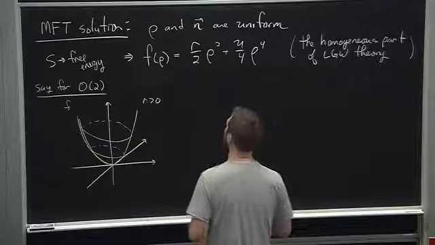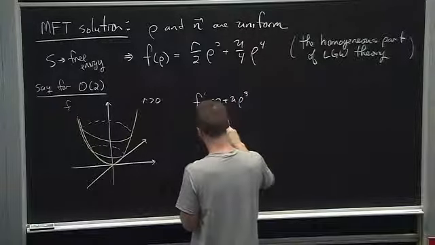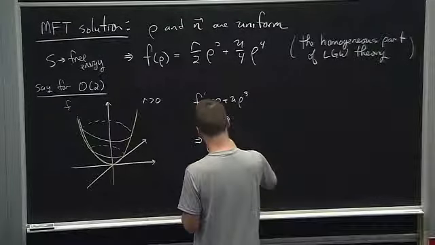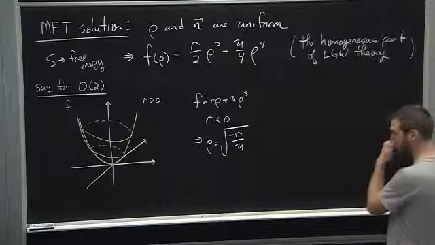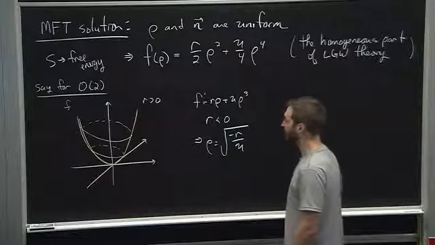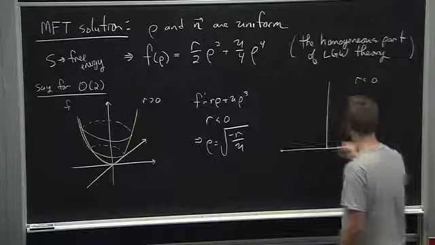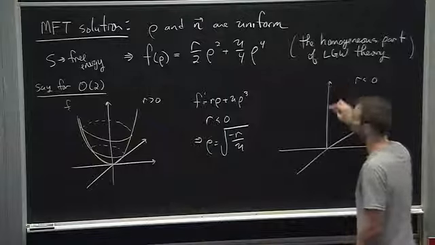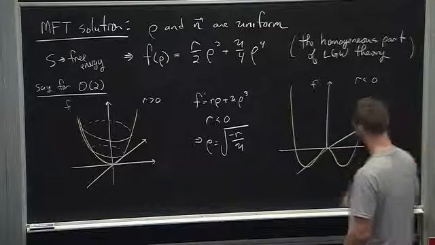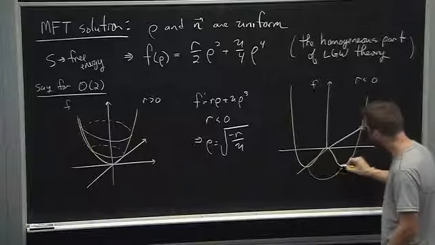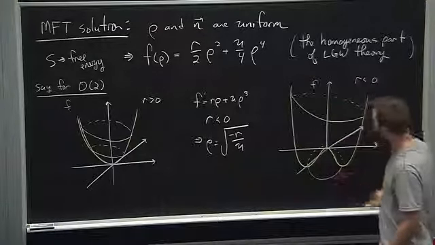So if we set the derivative to zero, then we can write this as either minus R over U, or magnitude R over U. So that's the solution, which looks something like this, with a minimum for O(2), that's like a circle there, and here.